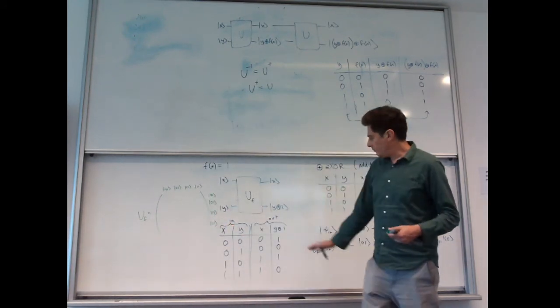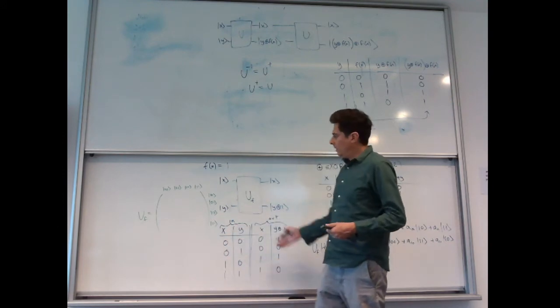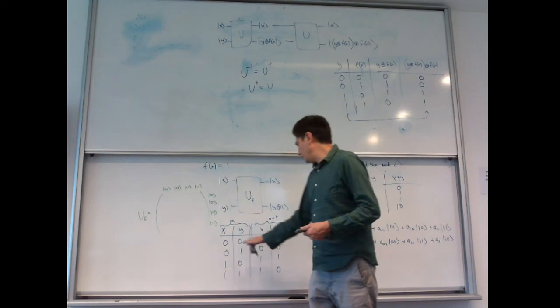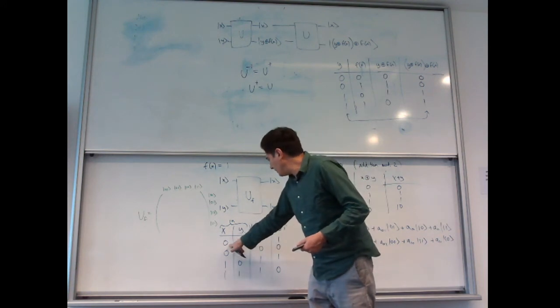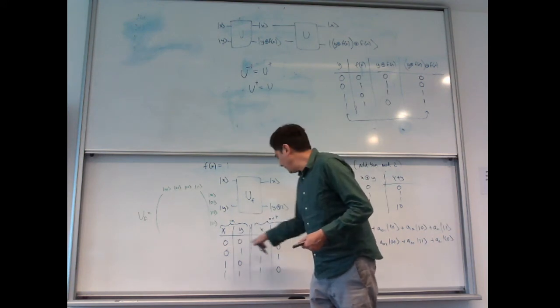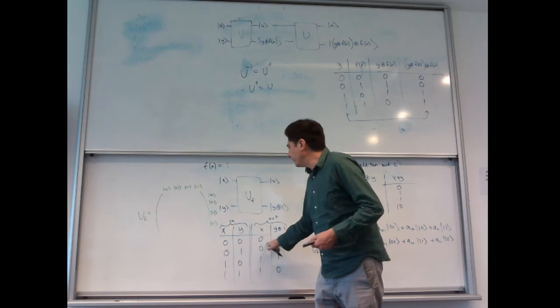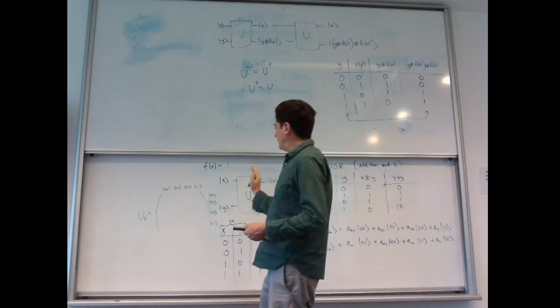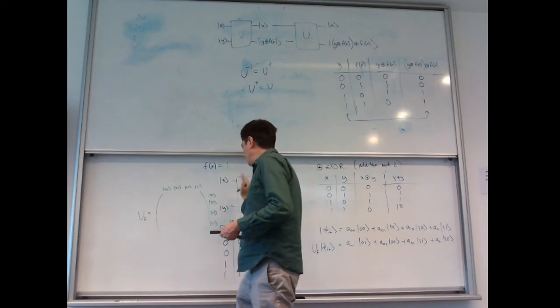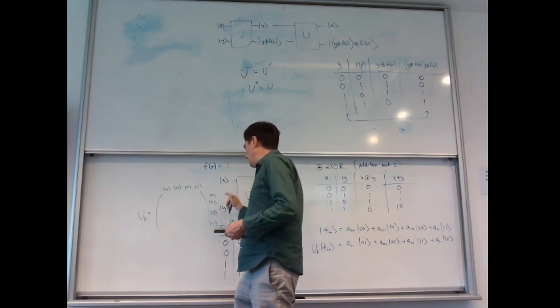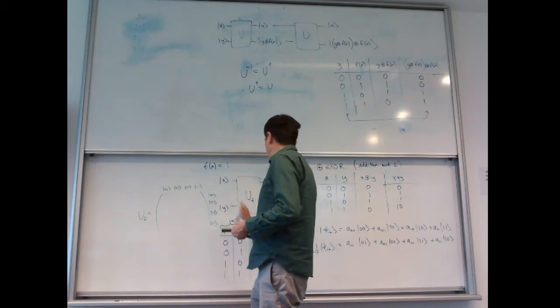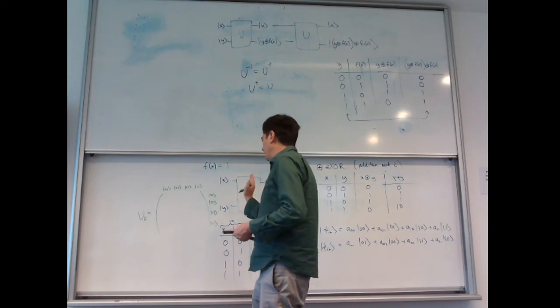Basically this table in matrix form would look like this. If you start with the state 0, 0, then the state becomes 0, 1. We have to imagine we've got our vector here, and if the initial state is 1, 0, 0, 0, which corresponds to that state, the output has to be 0, 1.